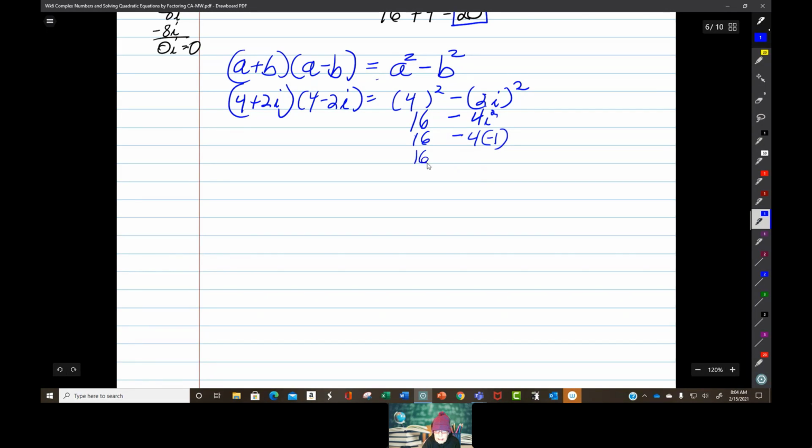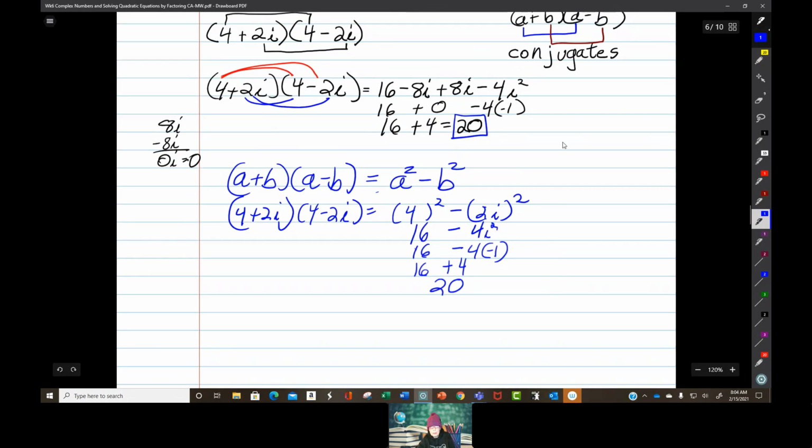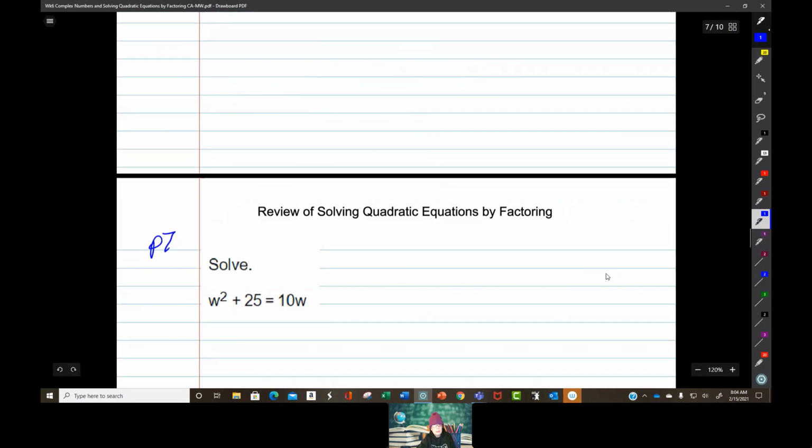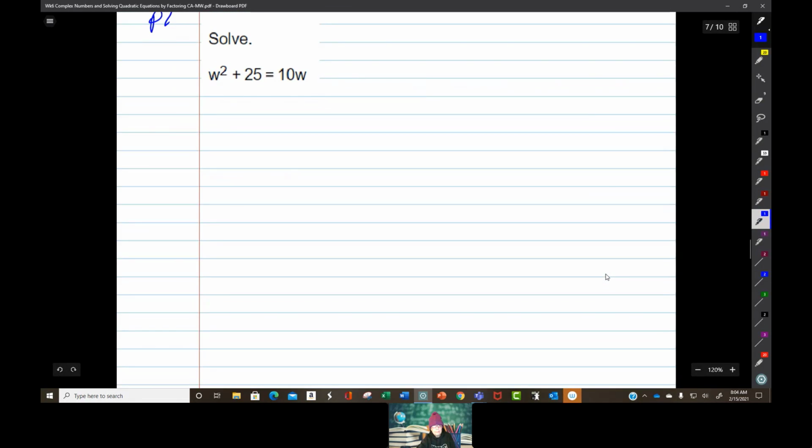So this is 16 plus 4. So this is 20, which takes away some of the work. Not a lot of it, I admit. Probably it only saves you 2 steps at most. But some of them you can actually do in your head.